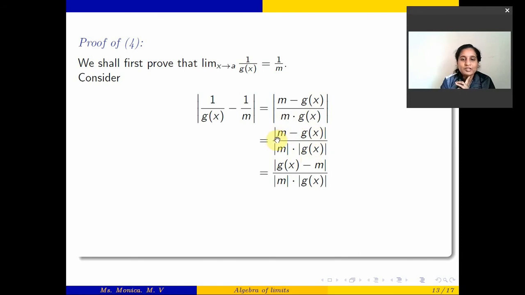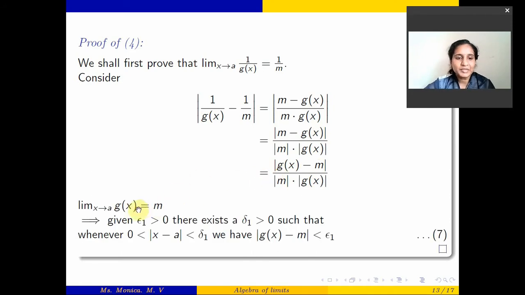And modulus of m minus g of x is the same as modulus of g of x minus m. If we take a minus common inside the absolute sign, minus does not matter to me. So modulus of m minus g of x is equal to modulus of g of x minus m, divided by modulus of m into modulus of g of x.